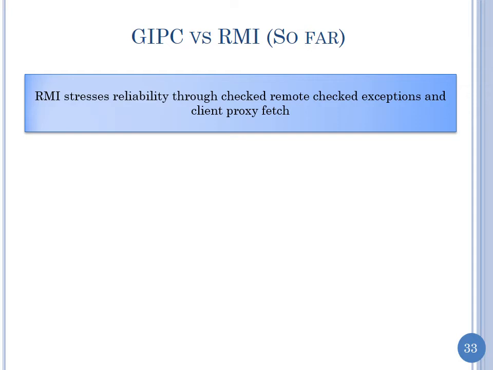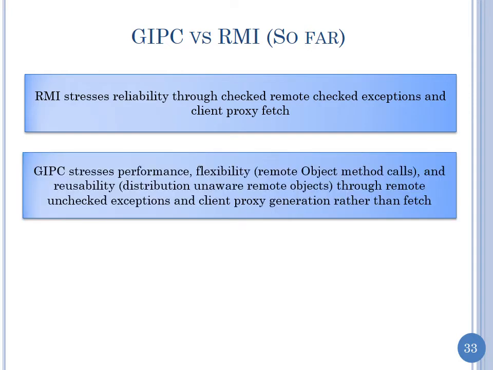So it's only when you make a call to the proxy that you will figure out there's something wrong. Okay. So GIPC stresses performance. You don't have to make a remote call to create a proxy. And it stresses flexibility because we don't have checked remote exceptions. And so we can reuse existing code, and we can invoke methods in class object. We can invoke the toString, equals, hashCode methods, etc. remotely. Okay.